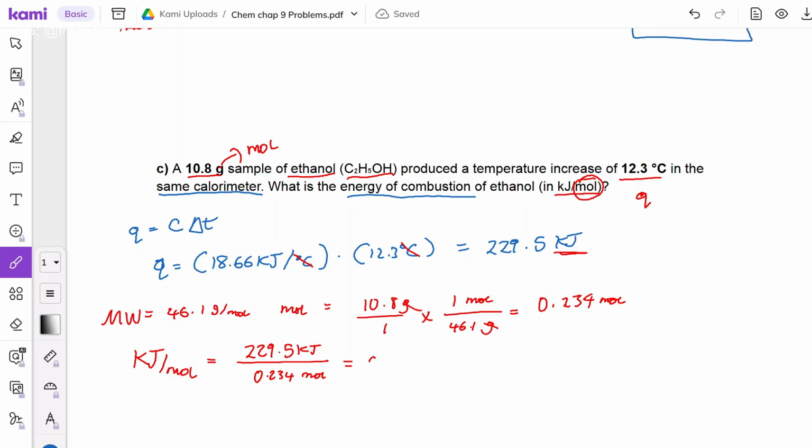And you get the final answer of approximately 980.8 kJ/mole, and it's in the right units that they're asking for, and that's your final answer. But also, this is an approximate amount, and throughout this question I rounded up several times. Like here I rounded up, here I rounded up, and also here I rounded up.